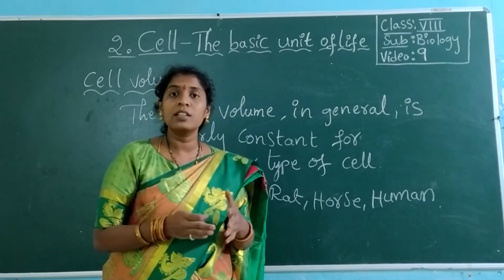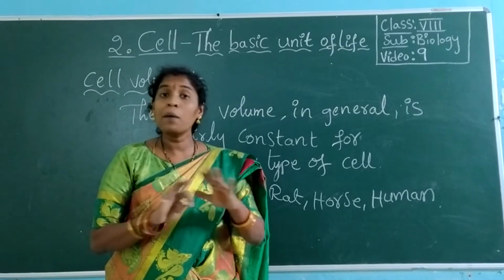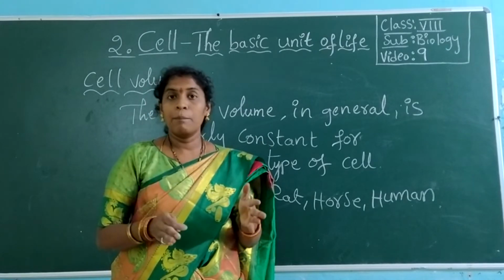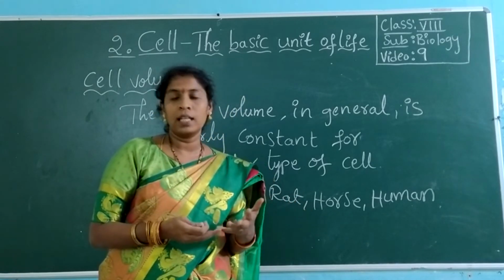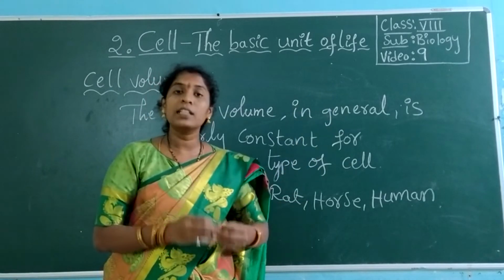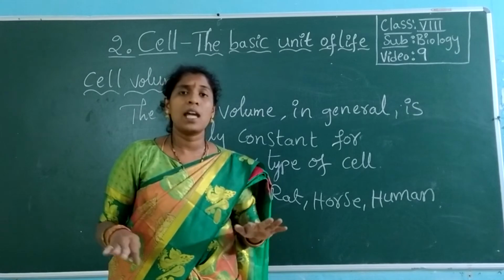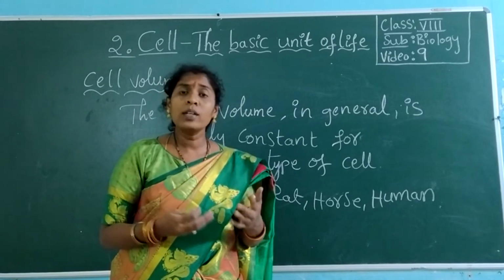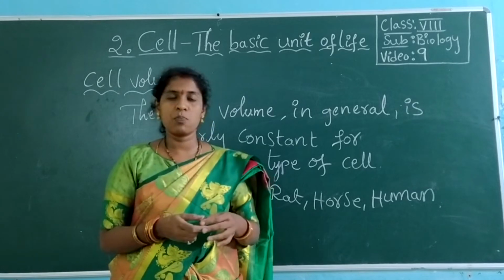The size of the organism depends upon the number of cells, not on the volume of the cell. Because even in a rat or a horse or an elephant or a human being, in any organism, the volume of the cell is the same. There is no variation. Then how is it varying? By the number of cells present in it.